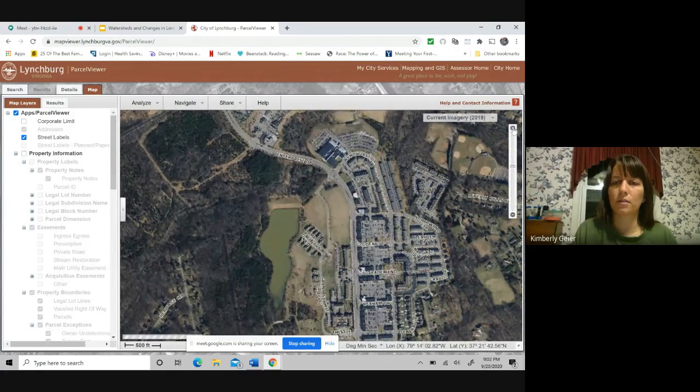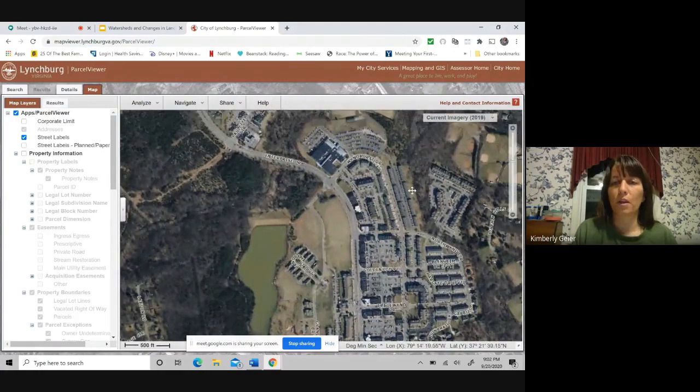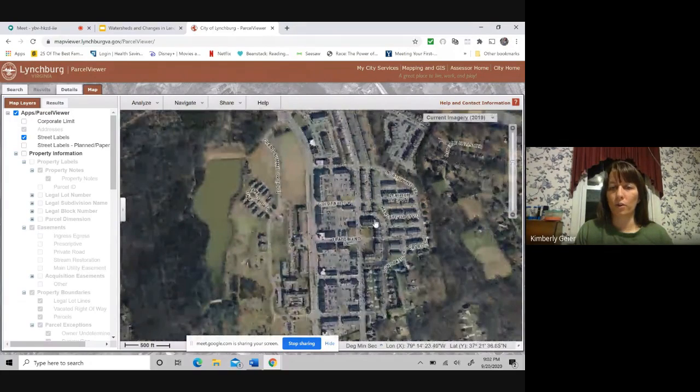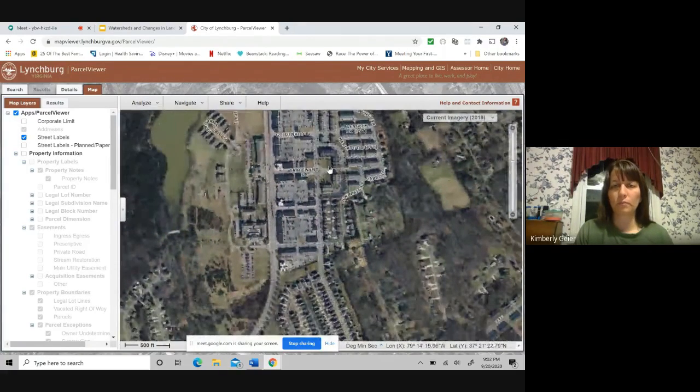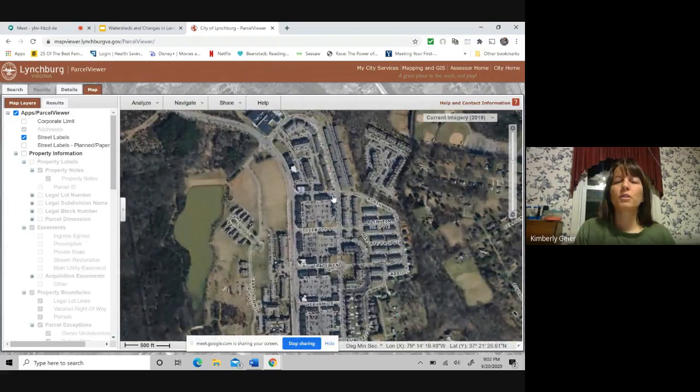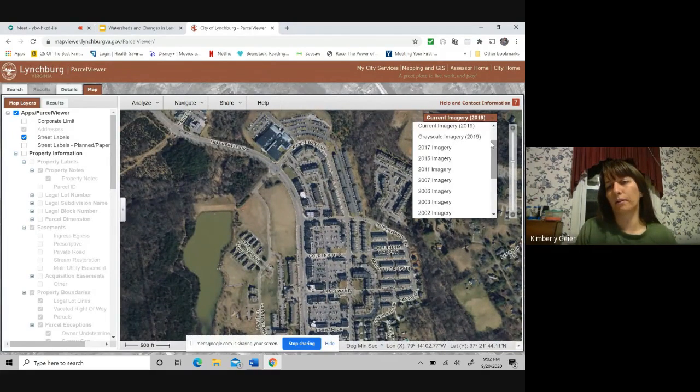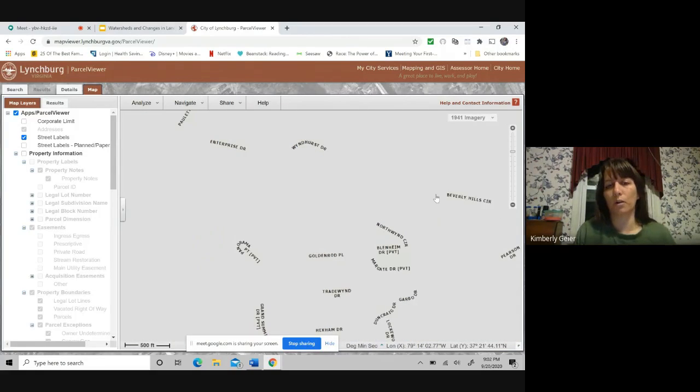So this is Windhurst. And this is the Jamerson Y. Maybe you are familiar with that. And this is the Windhurst development here. So let's look at what this looked like back in 1941.